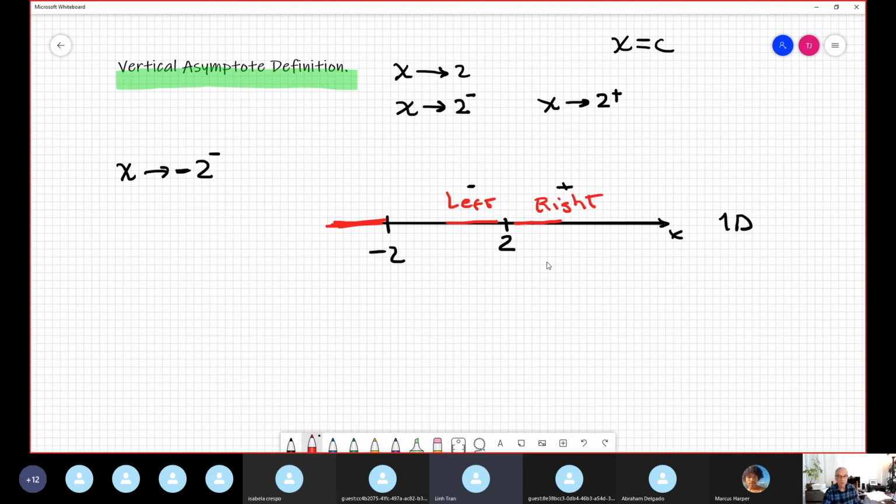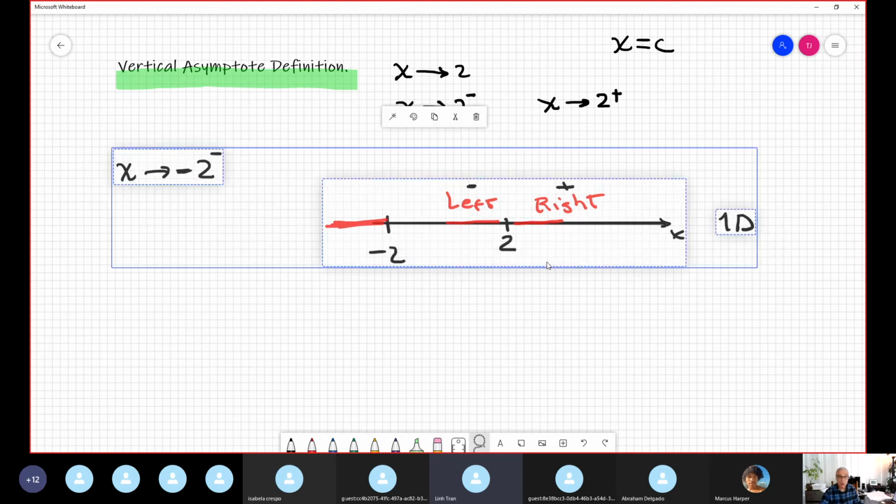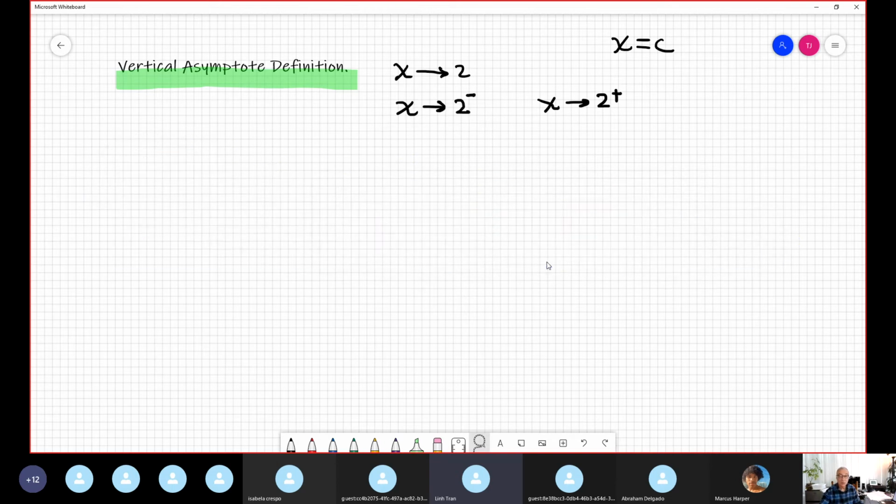So when you approach one number, maybe 2, maybe 4, maybe 20, and the function, whether x or y value, approaches infinity. So when x approaches one number, maybe to the left or to the right or both. c plus, right. c minus, left.